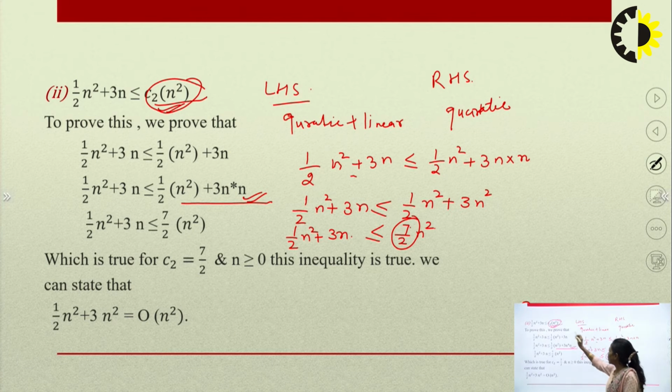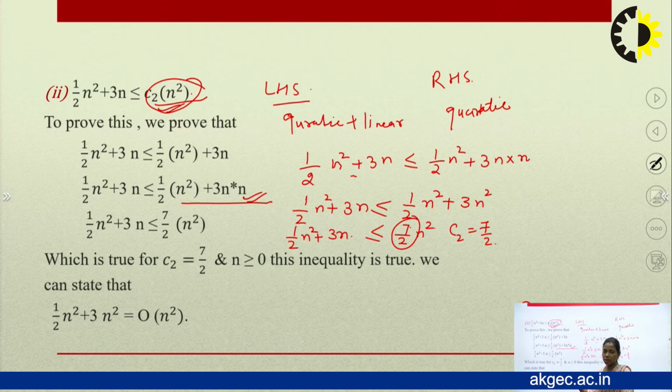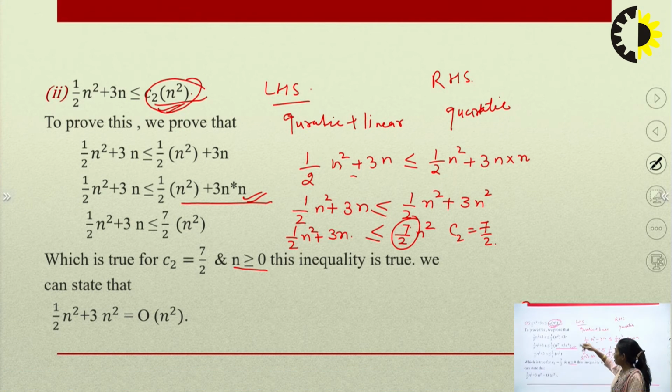Similarly, as we did in the previous part for the value of n naught, we calculate the value of n by putting n equal to 0, 1, 2, 3, 4 and so on.